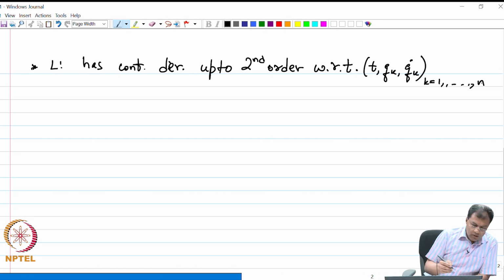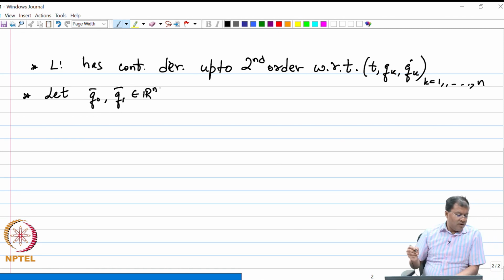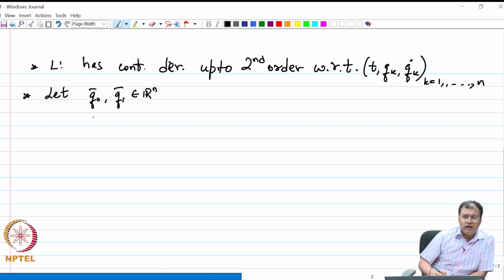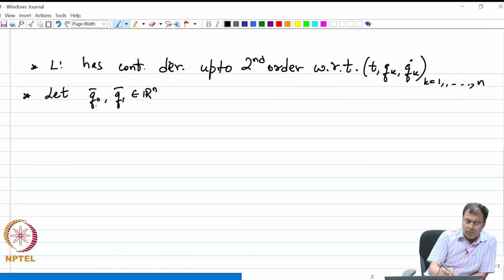Okay. So, let q naught and q1 be in Rn, right. So, now while we are describing our functional, notice that we also have to describe the endpoints, because we have a fixed endpoint case. So, I describe my endpoint with these following vectors q naught and q1 in Rn, and in this case my fixed endpoint problem is written as following.